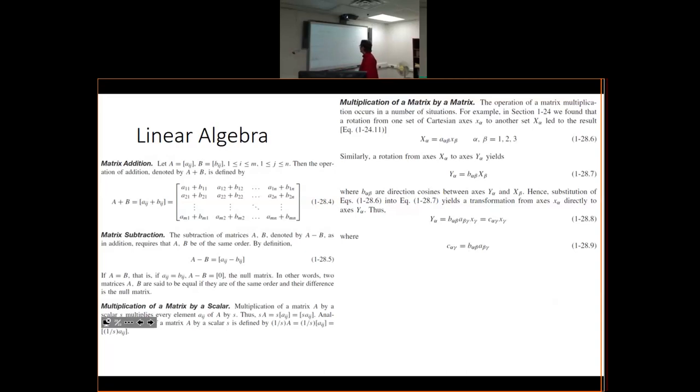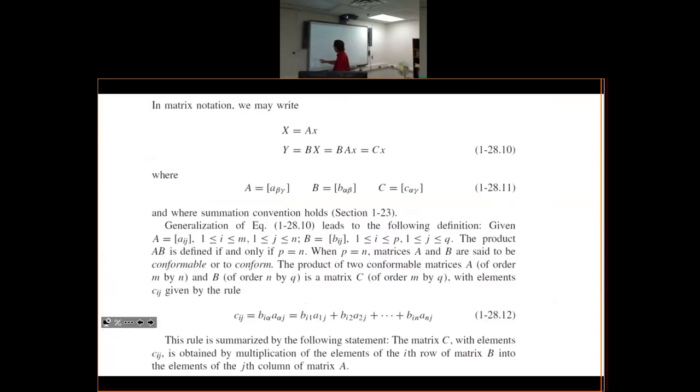And if you have multiplication of a scalar by a matrix, then you can have each term multiplied or divided by that scalar to get the results. So the transformation of the matrix using the tensor algebra is very, very useful.